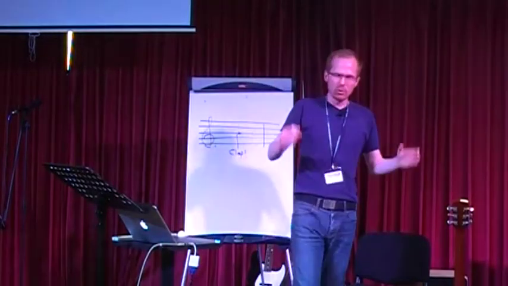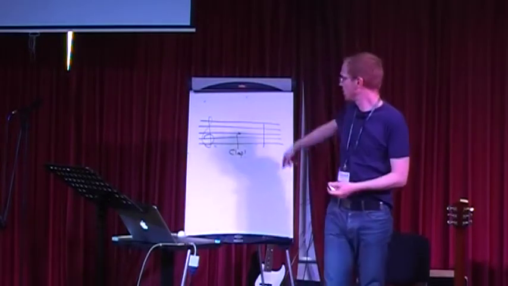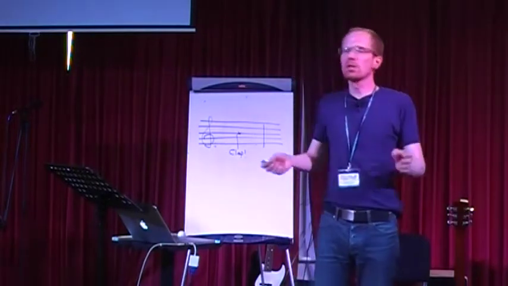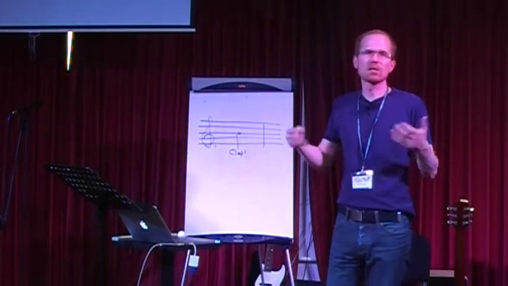Okay, good. Now, we were just conducting 1 beat per bar. This is one beat in my little composition here. Usually what we conduct doesn't have just 1 beat, it has more than 1.